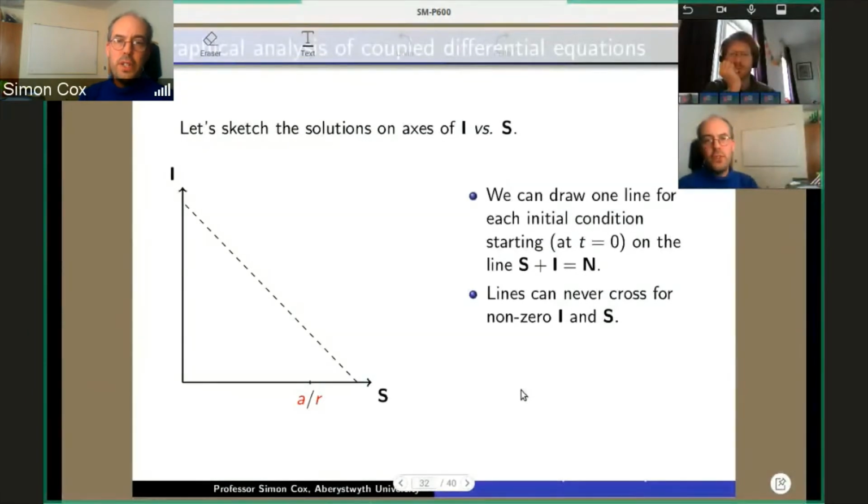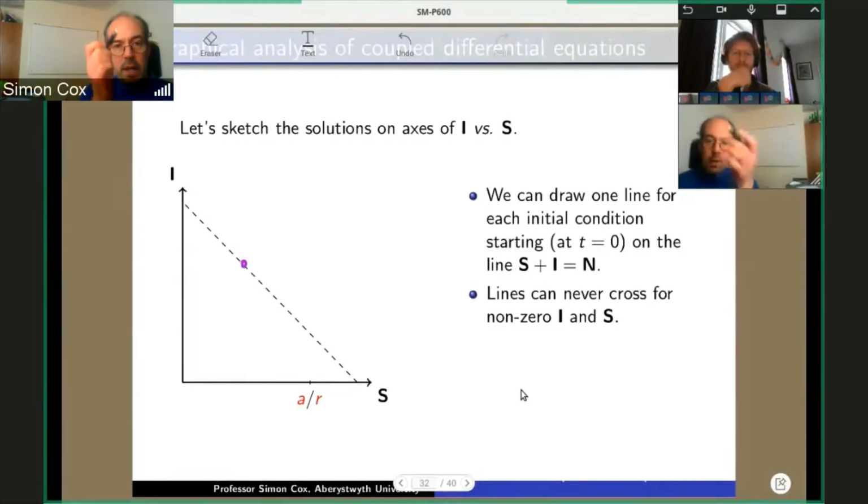So for any initial condition, and my initial condition must start on this diagonal line at t equals 0, there is a unique line that tells me the evolution of I and S in time. And to do this properly, I'm not going to prove it to you now, I'm just going to tell you that lines can never cross if I and S are non-zero.